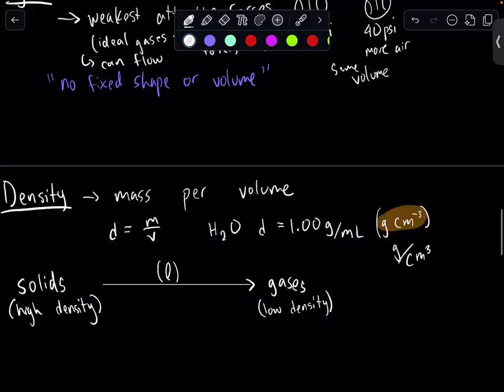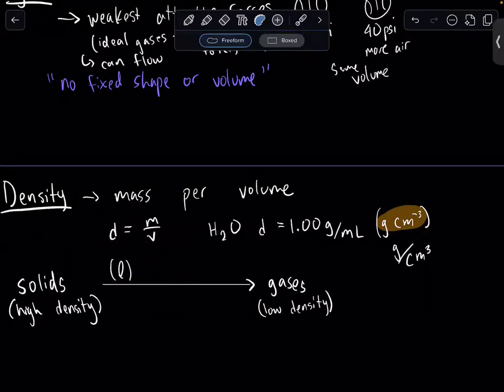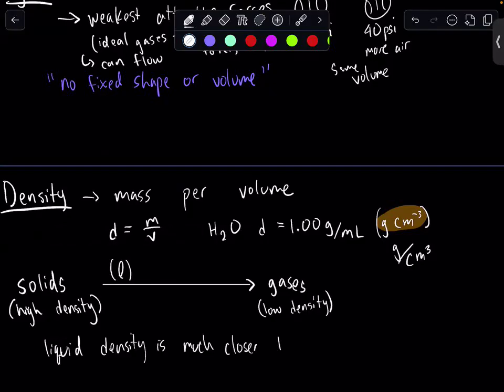But something to note is that liquid density is much closer to solid than gas.